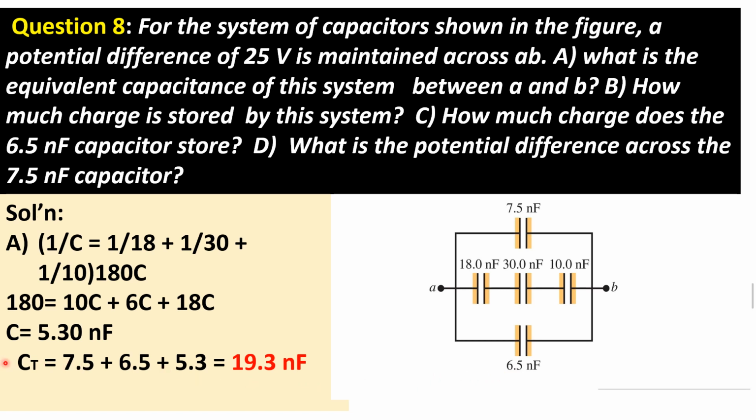To get the sum of capacitances in parallel, we just add them directly: 7.5 nanofarad plus 6.5 nanofarad plus 5.3 nanofarad gives us 19.3 nanofarads, as the equivalent capacitance for the whole system between points A and B. We shall look at our solution for letter B in the next slide.